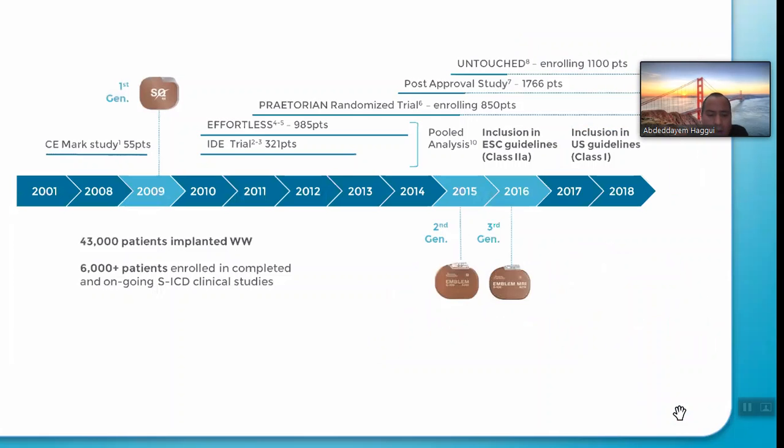The number of SICD implantations continues to grow worldwide, and several patients have been included in clinical trials. The first clinical trial to validate the concept was IDE, which included 321 patients. These studies have clarified the position of the SICD in European and American guidelines.